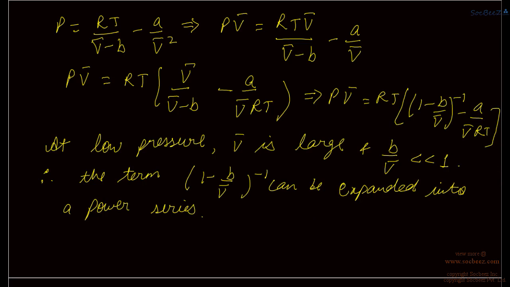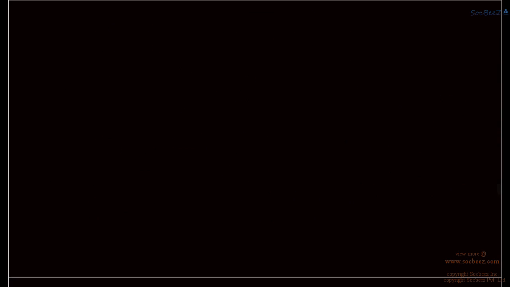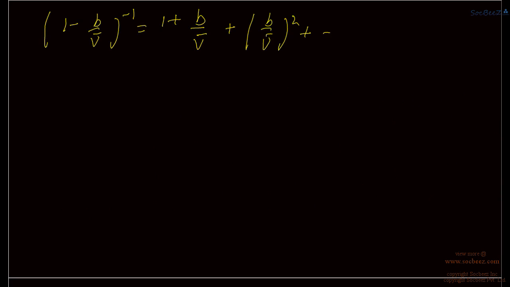Since 1 minus V upon V bar minus 1 can be expanded into a power series in V upon V bar, if we do it, we get the expression like 1 minus V upon V bar to the power minus 1 equals 1 plus V upon V bar plus V upon V bar whole square. Okay.